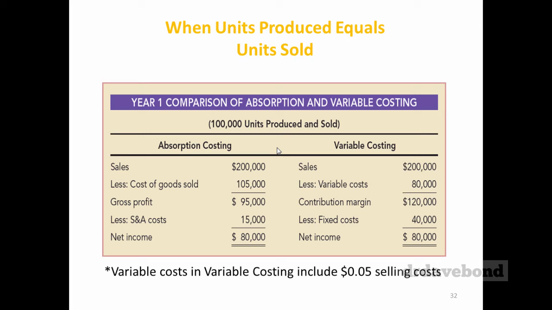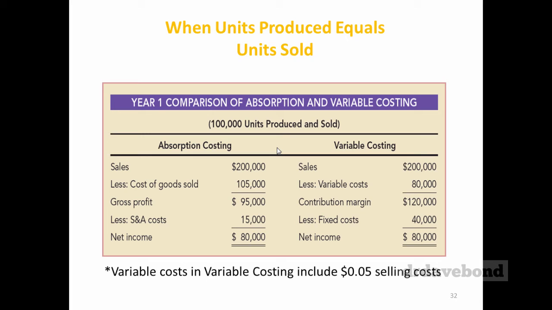Less S&A. That almost sounds somewhat inappropriate. $15,000. This is a $10,000 fixed sales and admin plus the 5 cents variable times 100,000 units.